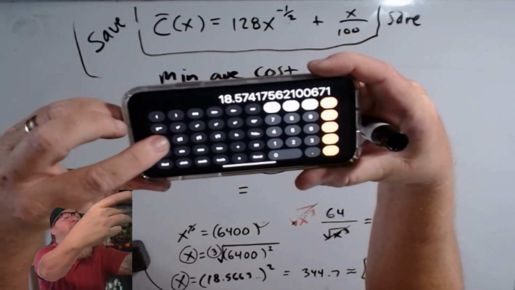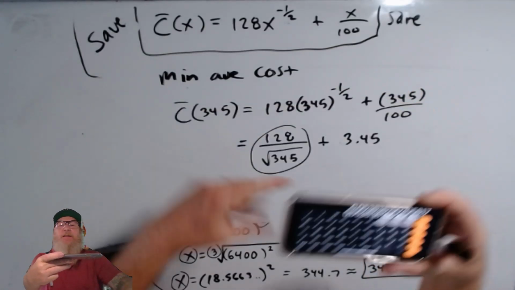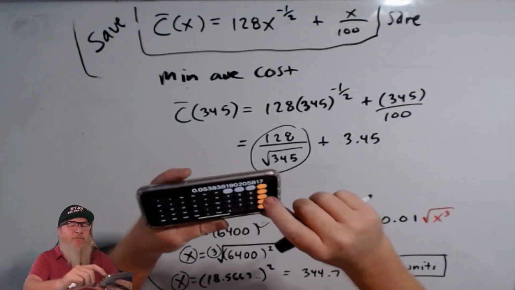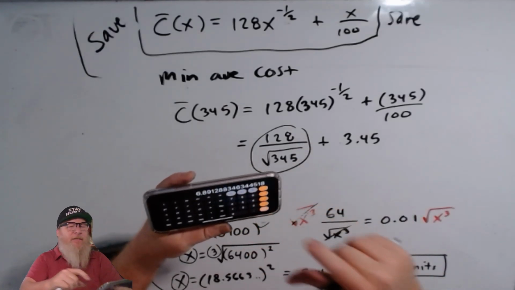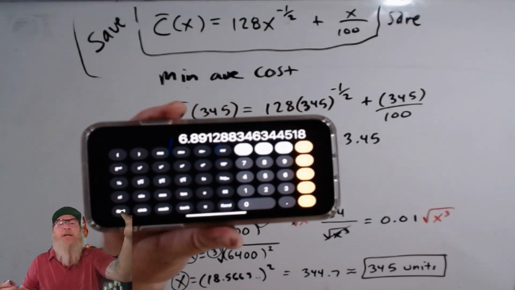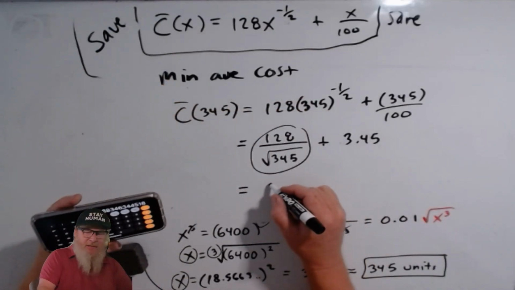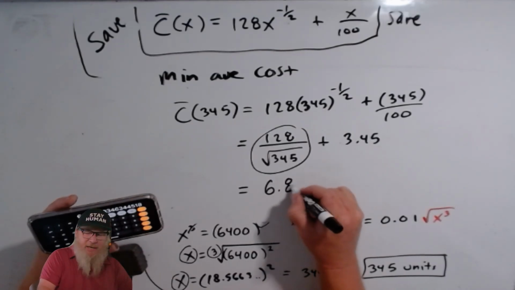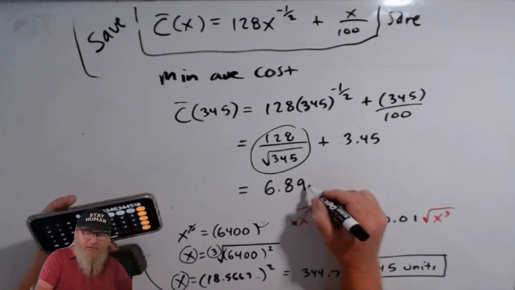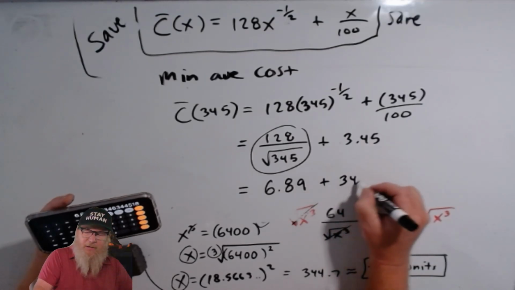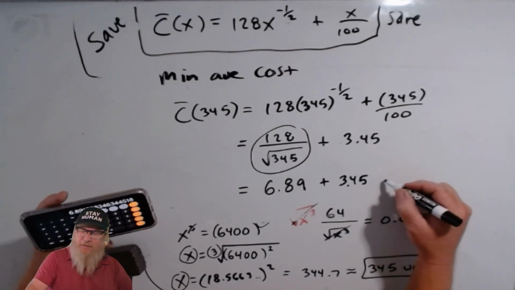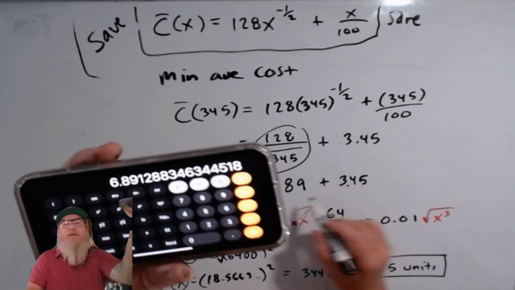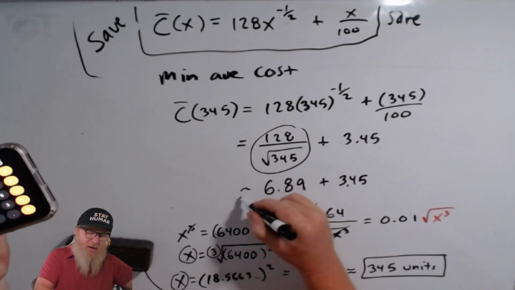And that will send it down to the denominator. But then you don't divide, you multiply by the top. That's a quick way to do division without having to rewrite it. So you get $6.89 plus $3.45. And so that's going to be, now this is rounded, obviously, so I'm going to say approximately.